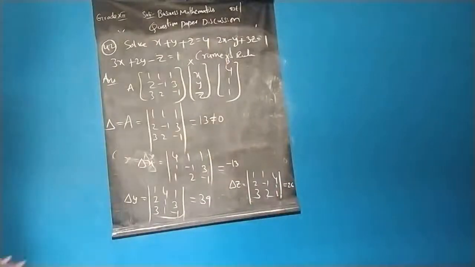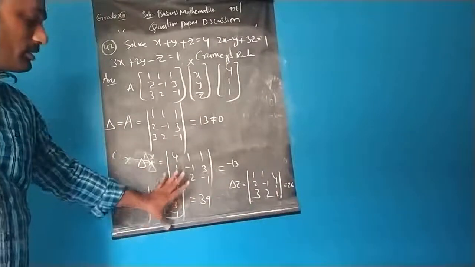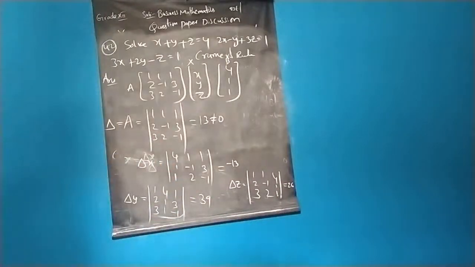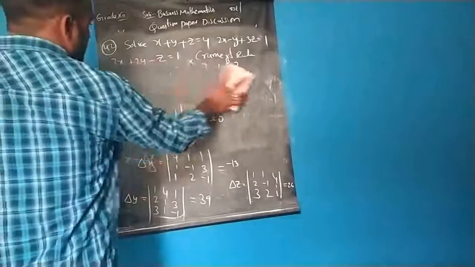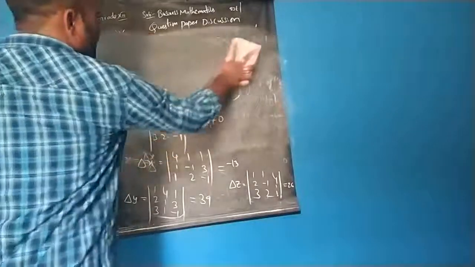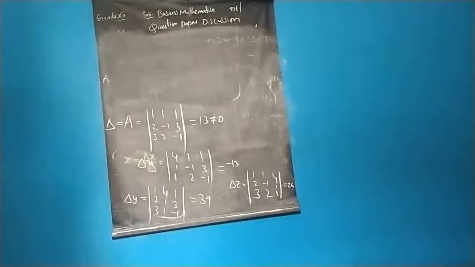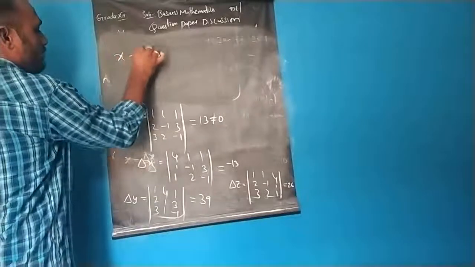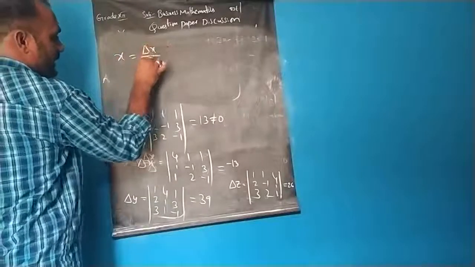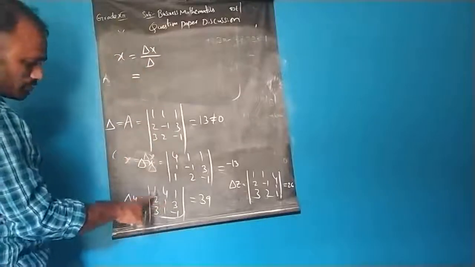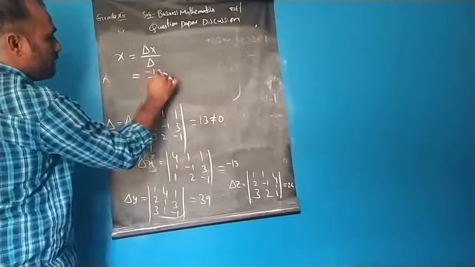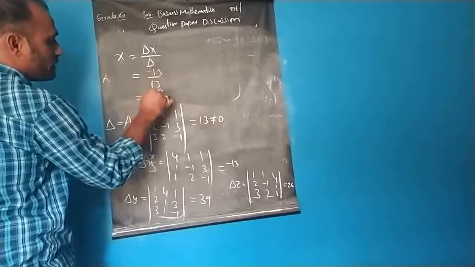26. We can do it by using the calculator also, or else by the normal procedure. Now, after getting these delta x, delta y, and delta z values, we will get the x, y, and z values. How? The x value is delta x by delta, that is, delta x value is minus 13 by 13, which is minus 1.